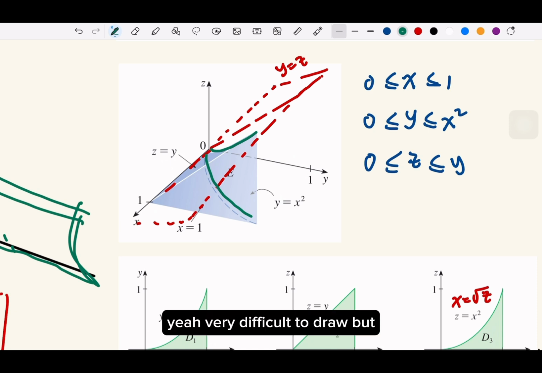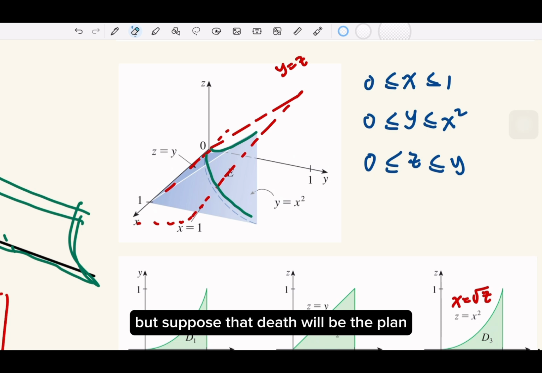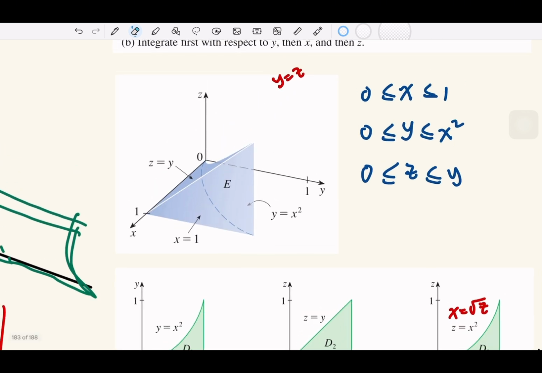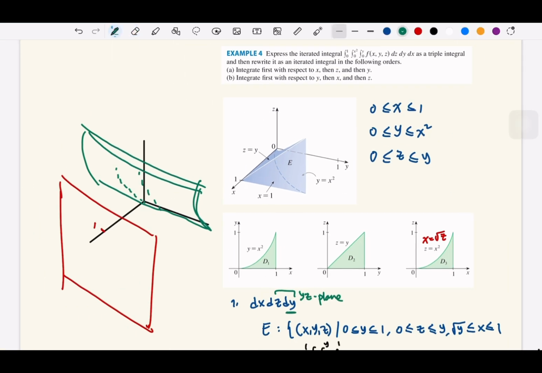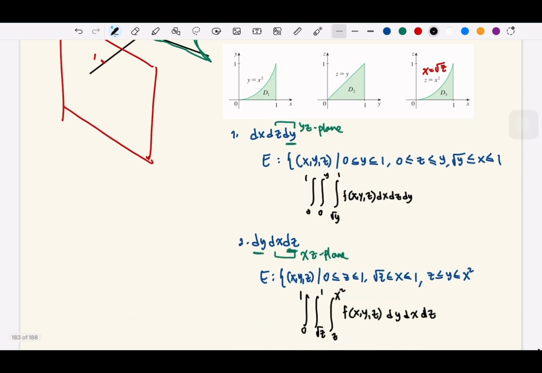Yeah, very difficult to draw, but suppose that will be the plane.